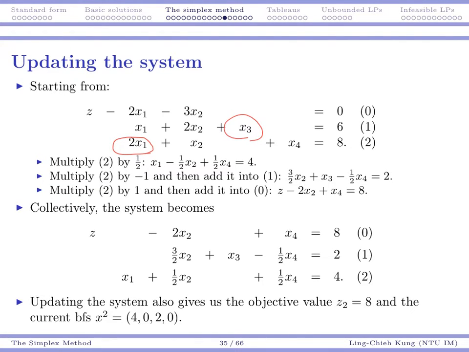We want to make sure that for column 1 and column 3, we have the identity matrix and the zero vector. Typically, if you have an original basic variable, which is still basic after an iteration, then there's no problem there. Because previously it's basic, so at that moment, it satisfies the conditions for the basic columns.